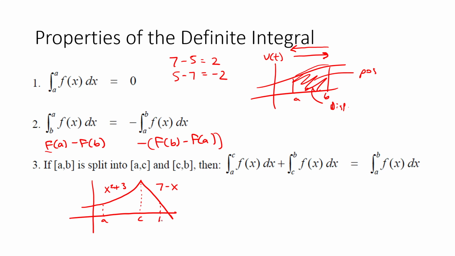If we call this a, c, and b, what we're doing is first integrating from a to c. We'll take this area. Then we'll integrate from c to b. So we'll take this area. But you can see if you just add whatever you get here plus whatever you get here, it's going to be as if you had just integrated over the whole interval.